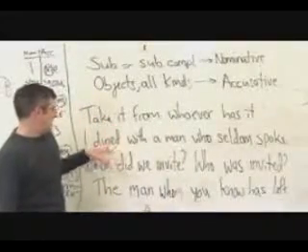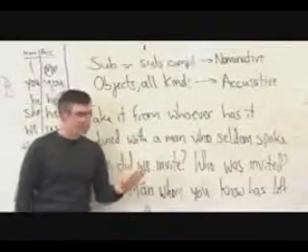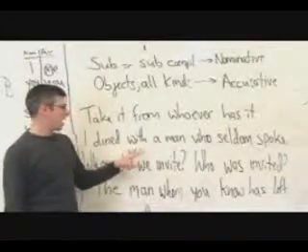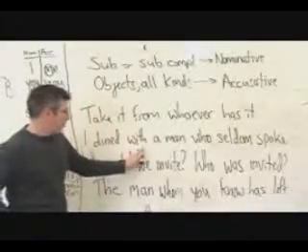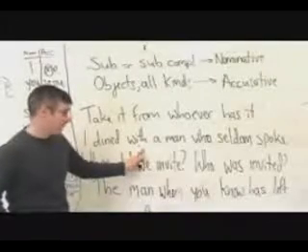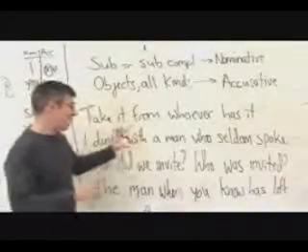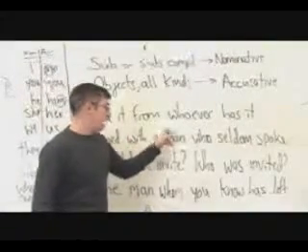Now, let's see. I dined with a man who seldom spoke. Now, with is a preposition and is going to be followed by an object. Now, the object of with is man.